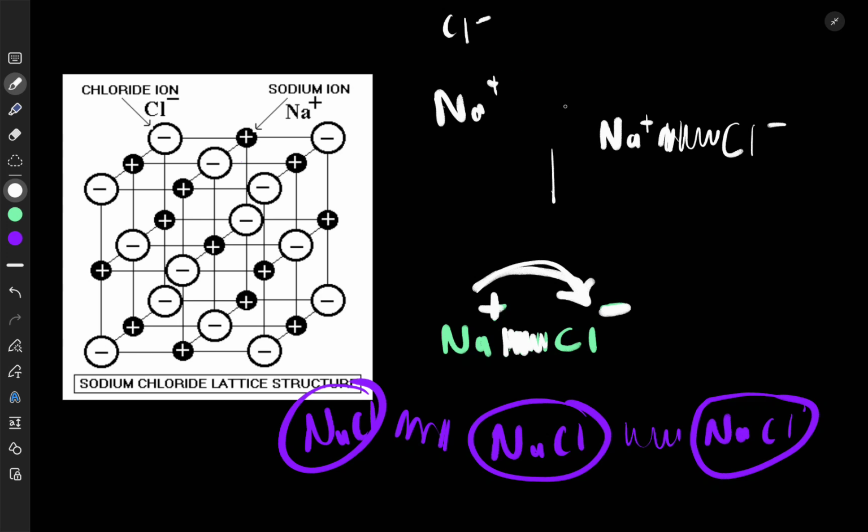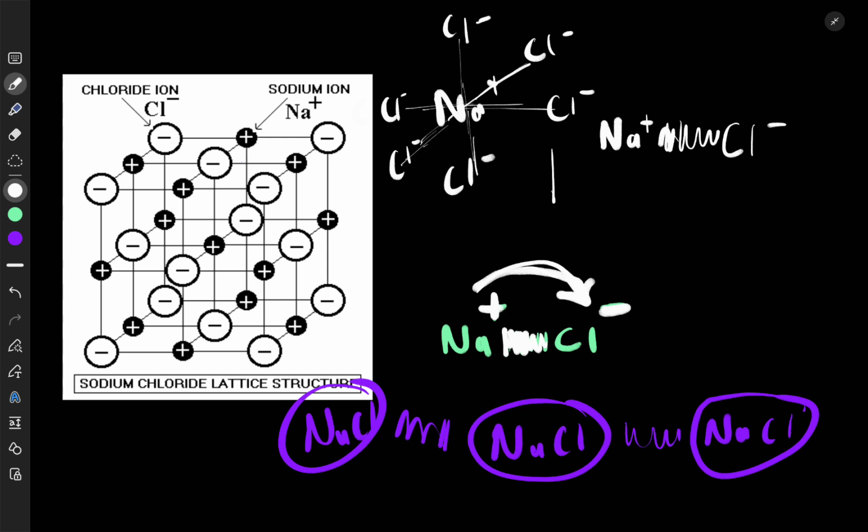Cl minus here, another Cl minus there, another Cl minus there, another one in front, and another one at the back. So we'll be having a bond going this way, one going like this, one going like that. These are the bonds that we will be having. It will be surrounded by Cl minus. That is what happens. It's different from molecular where you have molecules.